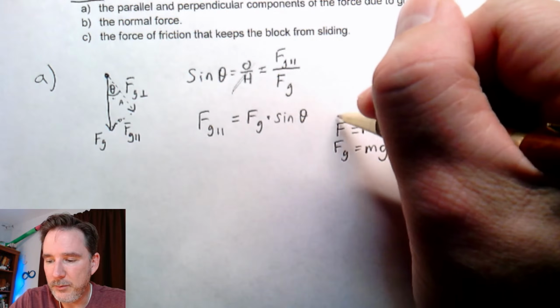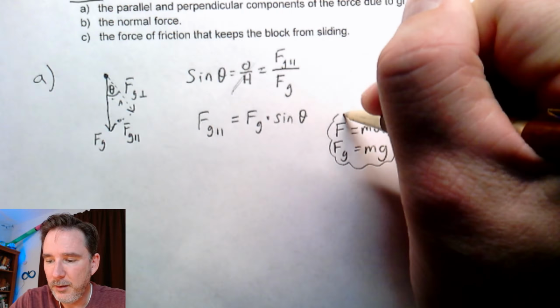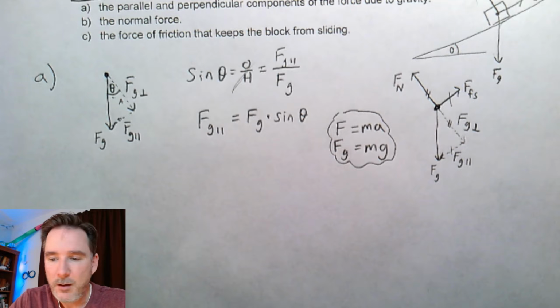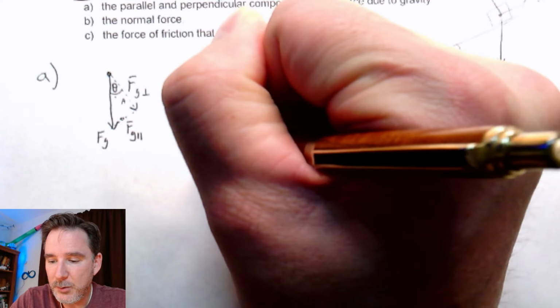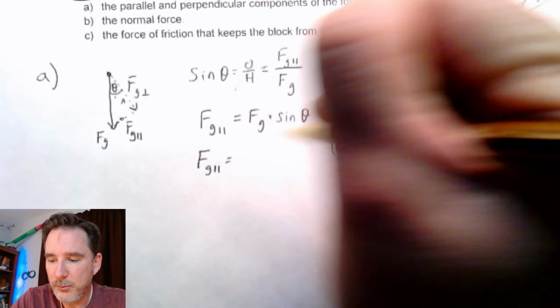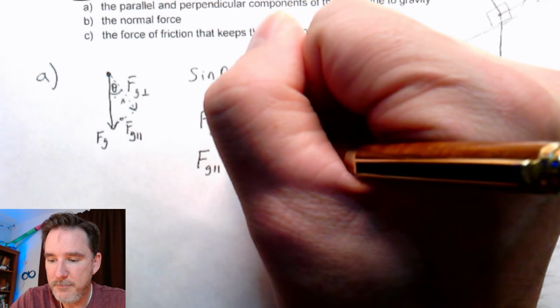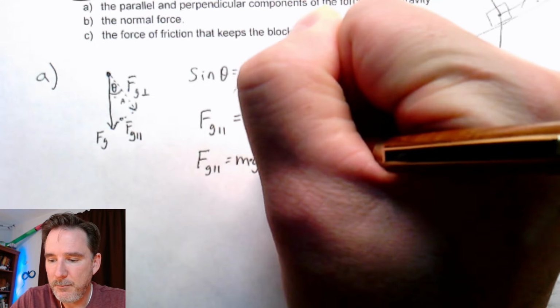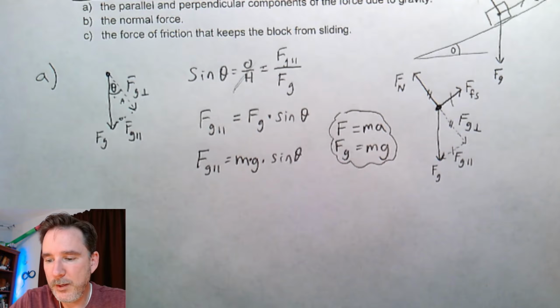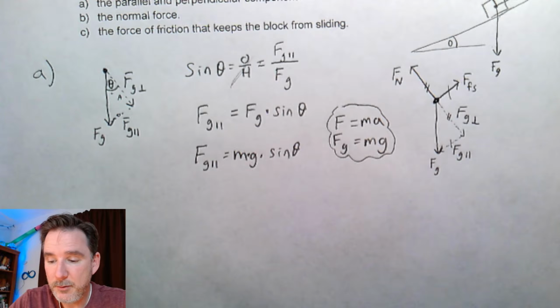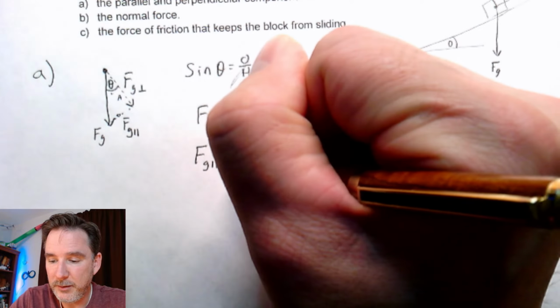I'll put that in a bubble, because we need to remember that. So I'm going to rewrite this equation with that in mind. The force of gravity parallel is equal to Fg, which is mg, times the sine of theta. Now it specifically asks for the number, so we're going to plug in these numbers.